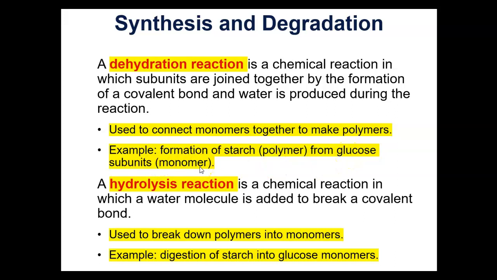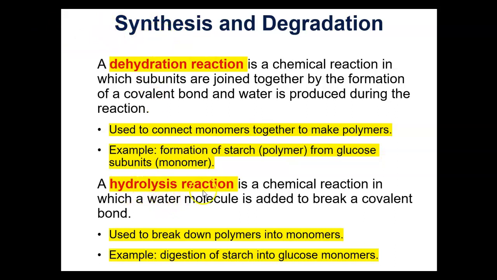So glucose would be the monomer and the polymer would be starch. And the reaction that joined the glucose monomers together is called a dehydration reaction. Sometimes it's called a dehydration synthesis reaction. So synthesis means to build something larger.